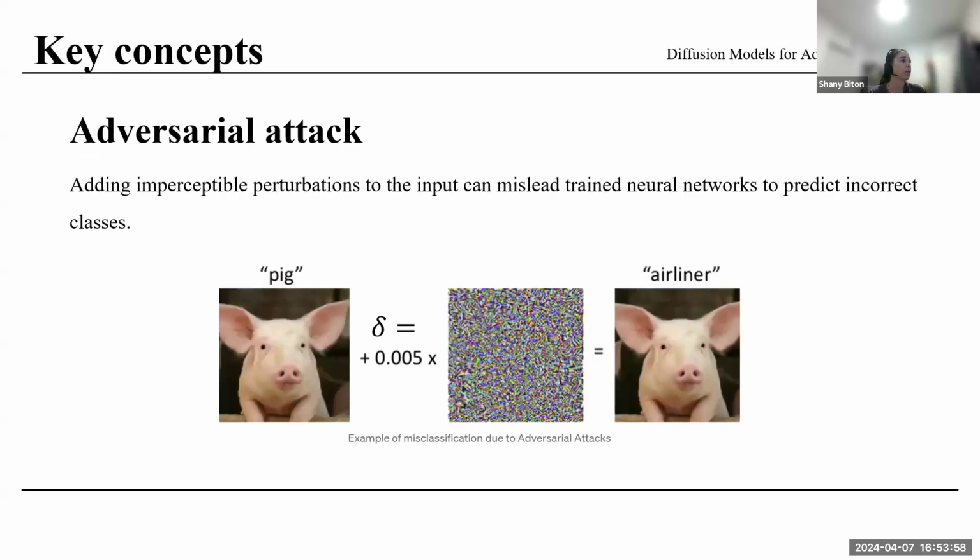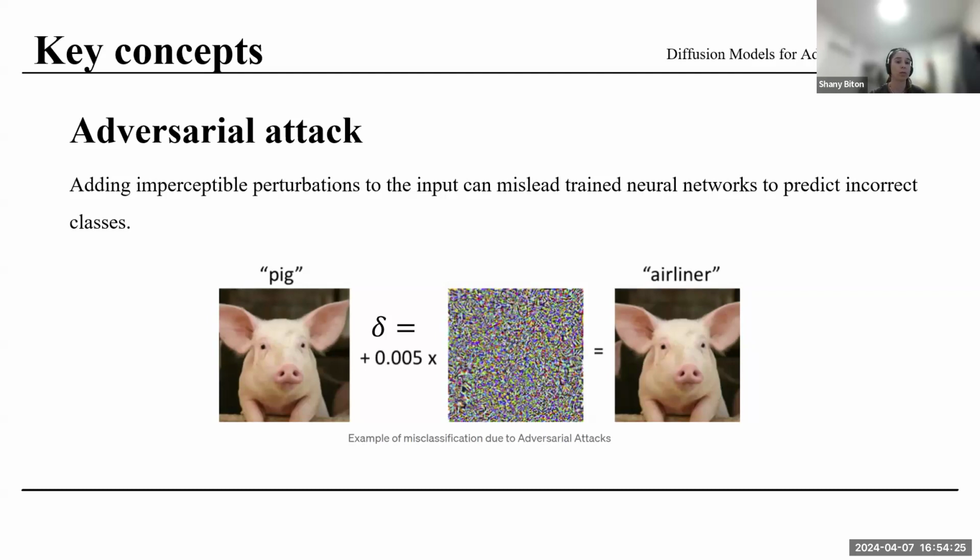So let's start with key concepts in adversarial learning. What is an adversarial attack? In the general context, we are talking about examples which are able to fool a computer but not a human. Intentional adversarial attacks can be generated by adding small perturbations to an image, for example, delta here, so that it will mislead the computer to think this is an airliner and not a pig.